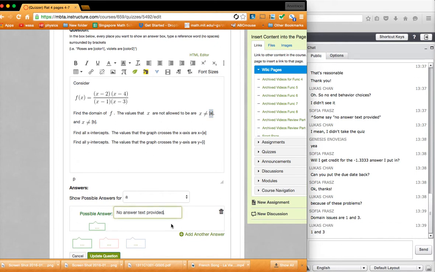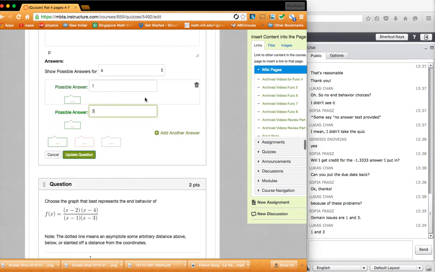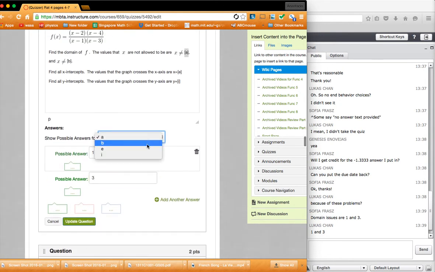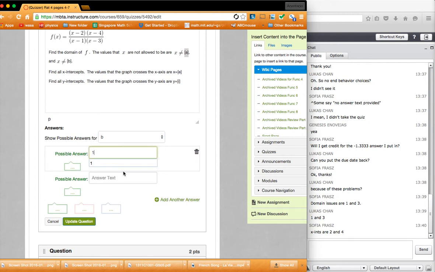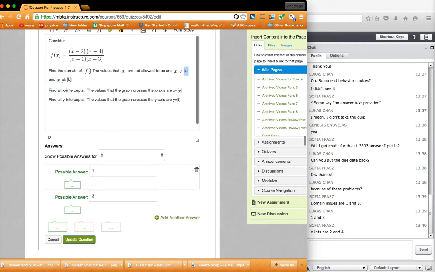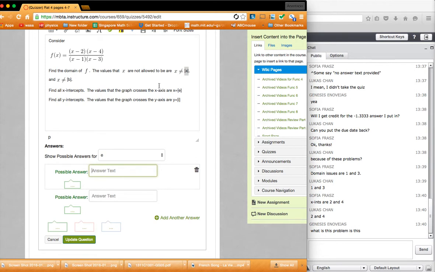So you can give them credit if they type in a 1 or a 3. And then for b, give them the same deal, 1 or 3. All right, where are the x-intercepts? X-intercepts are at 2 and 4, so 2 or 4.